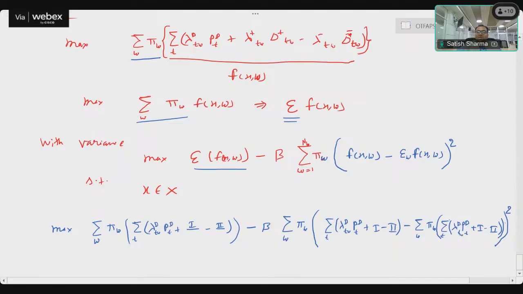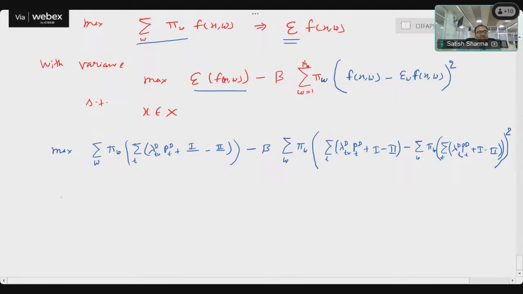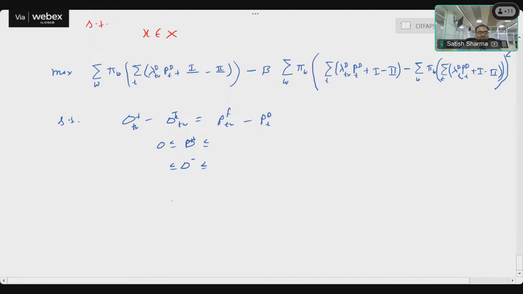Okay, so this is how it will look like, and subject to the constraints, which are the same constraints we had, like delta plus minus. So I'm not putting that. t w, let's say, and this is minus t w equals to p f t w minus p d t, some limits on delta plus and some limits on delta minus and some limits on p d t as well.